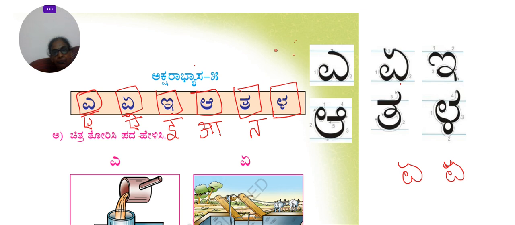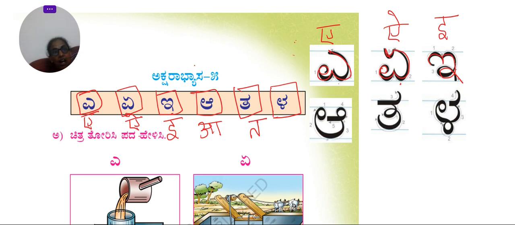We'll trace along the arrows. This is A. Then this will be A with a small dent here. Then this is E. So we have seen A and E.